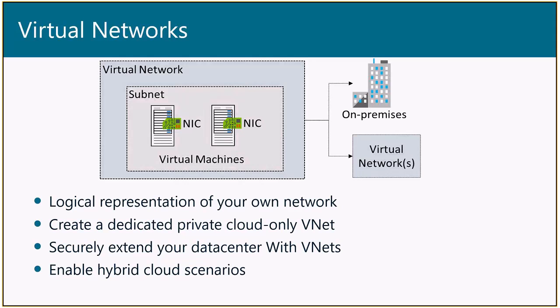You can securely extend your data center with VNet. Even though you have an on-prem, a lot of organizations are using on-prem as well as the Azure Portal. If you're doing both, that's what we call a hybrid.